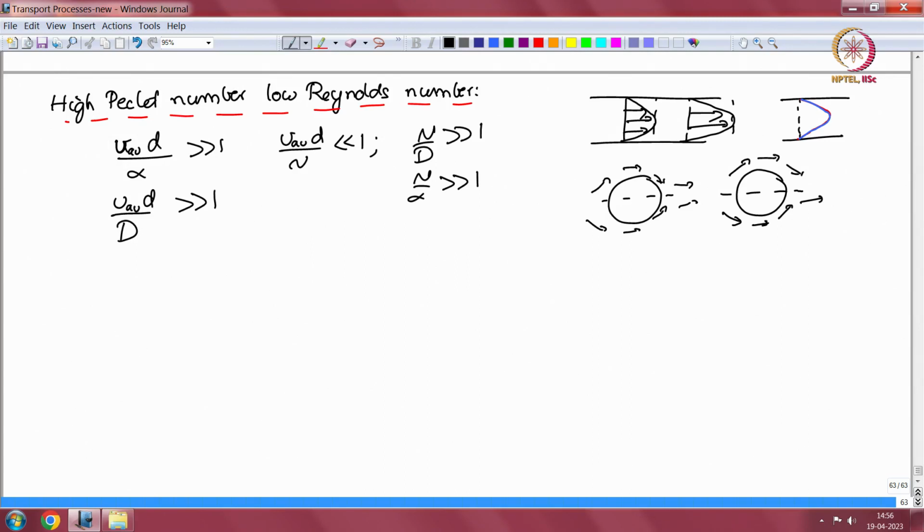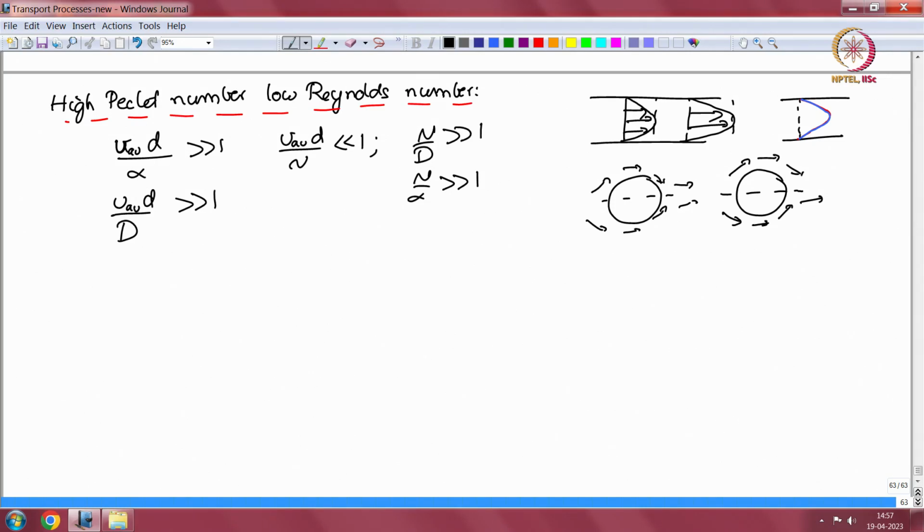Because of that, the pattern of the velocity does not change as the Reynolds number changes. And what that means is that all of the information regarding convection is contained in the Peclet number alone. The Reynolds number contains information about the flow pattern, but at low Reynolds number the flow pattern does not change.